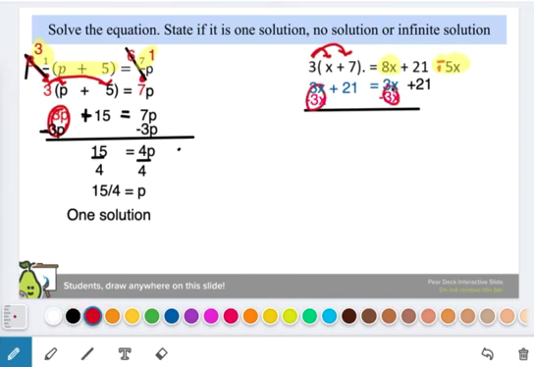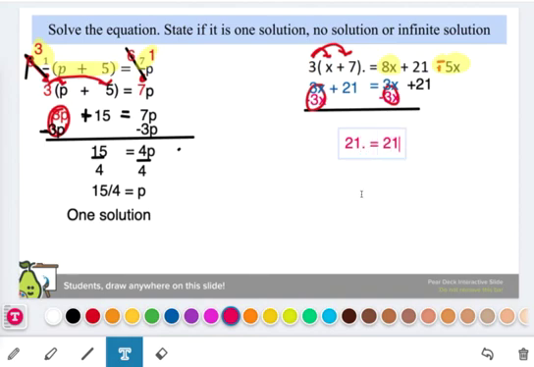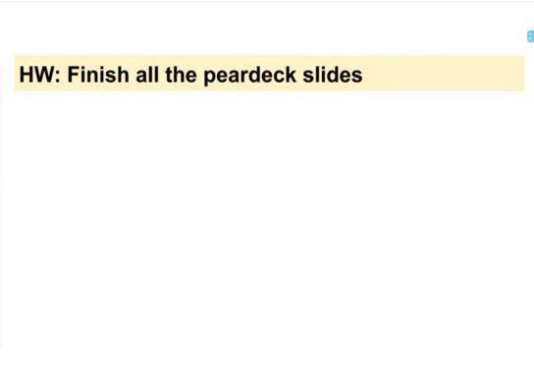And 0 here. So 0 plus 21 is 21. And on the other side, it's also equals to 0 plus 21, which is 21. This is called infinite solution. Okay, and that's it. I think that's all there is. We finished the slide.